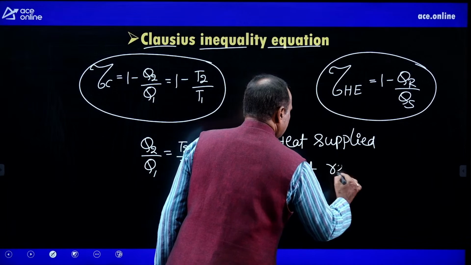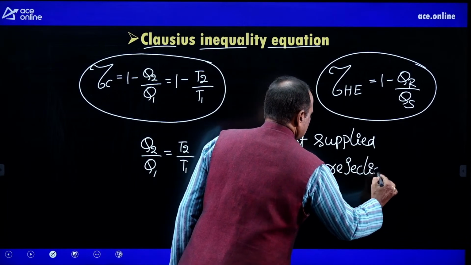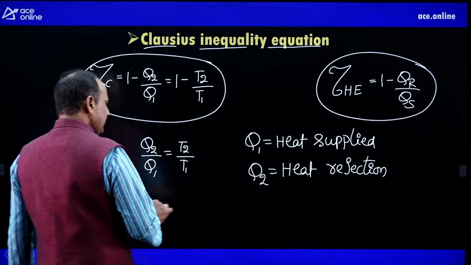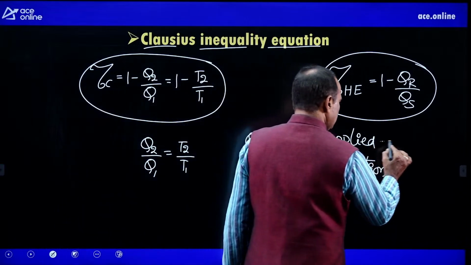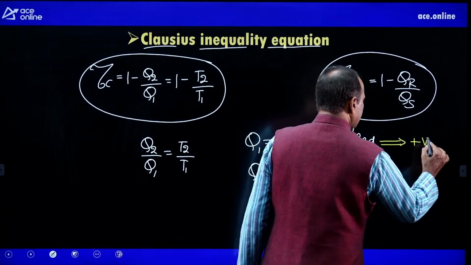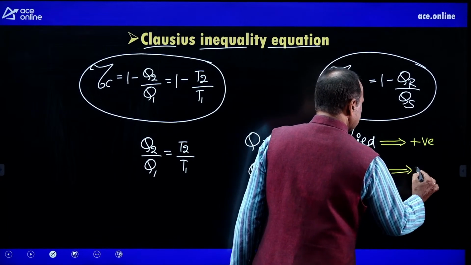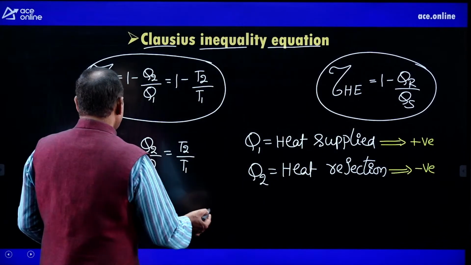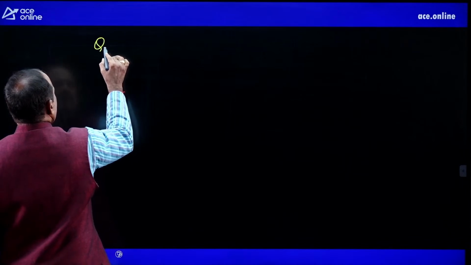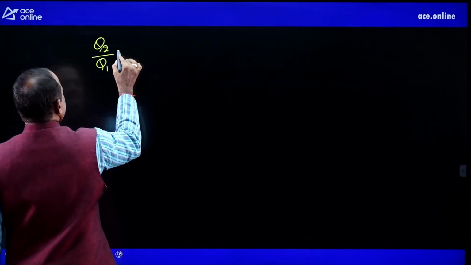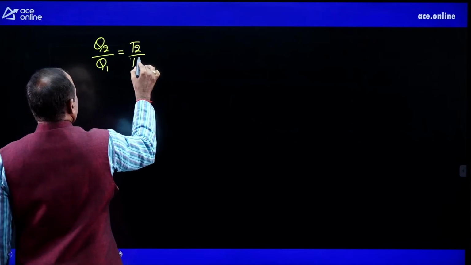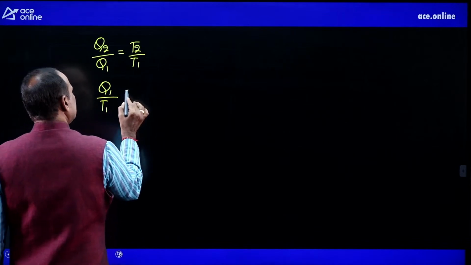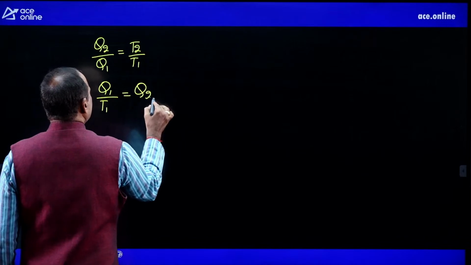Thermodynamically, heat supplied is taken as positive. Heat rejection is taken as negative. Now, we have written Q2 by Q1 is equal to T2 by T1. This can also be written as Q1 by T1 is equal to Q2 by T2.